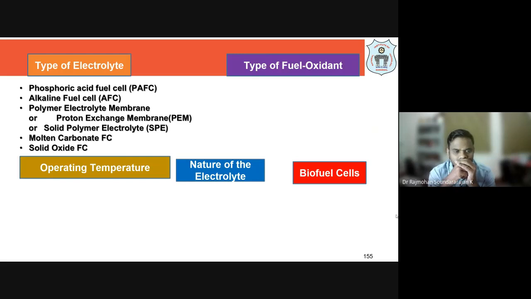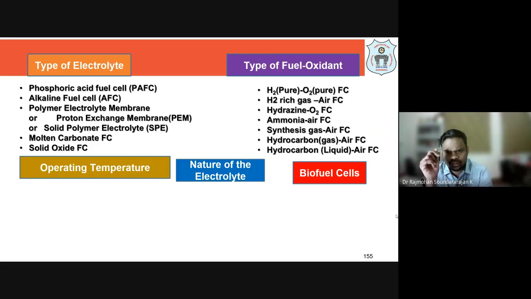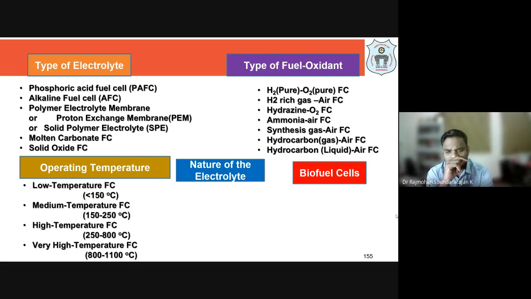And as I told you, if molten carbonate is used as the electrolyte, we call it molten carbonate fuel cells, and if solid oxide is used, solid oxide fuel cells, okay. So these are the 5 different types of electrolytes being employed in fuel cell applications. Most of them are in the commercial stage also. And these electrolytes, we can again classify based on the nature of the electrolyte, which is like pH. If it is a liquid electrolyte, it can be a neutral electrolyte, an acid electrolyte, or an alkaline electrolyte.